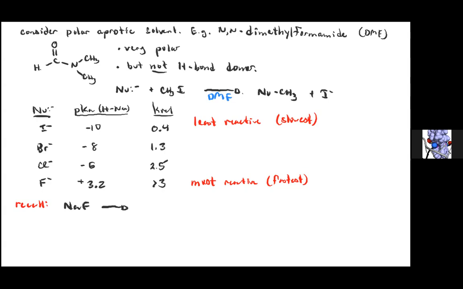So, for example, if we did sodium fluoride and put that in DMF, the interactions would look something like this. You'd have your sodium cation, and that would be stabilized by the DMF.